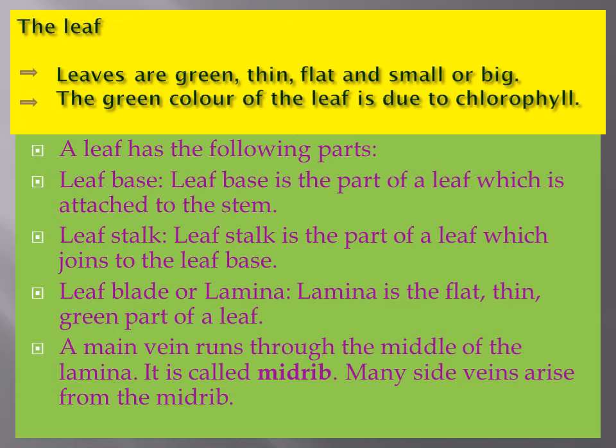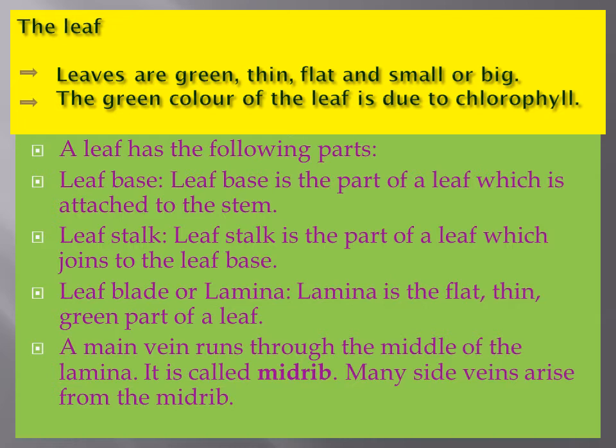First one is leaf base. Now what is leaf base? It is the part of a leaf which is attached to the stem. Next is leaf stalk. It is the part of a leaf which joins to the leaf base.